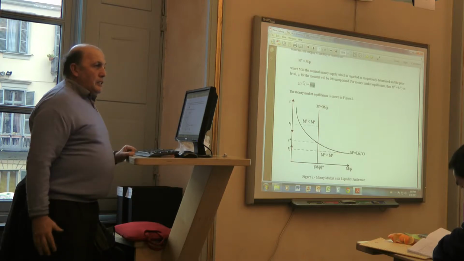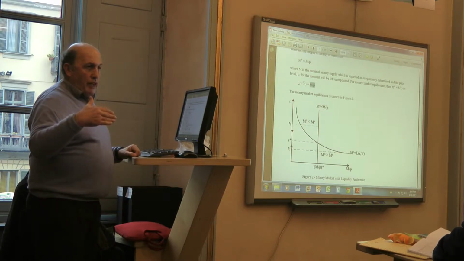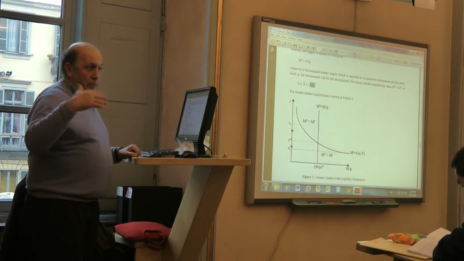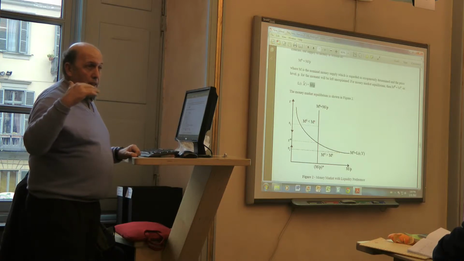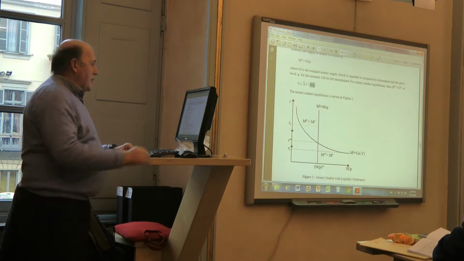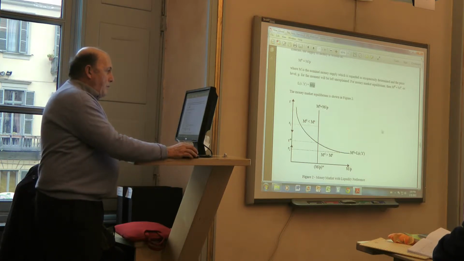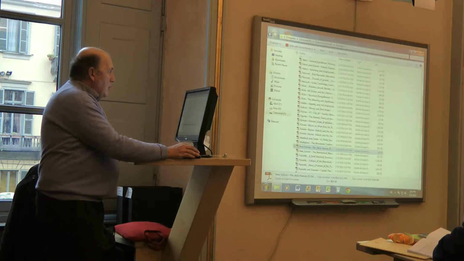The stable part is a function of income, and the variable part is really a function of the rate of interest. That's the case. Okay, once we have all that, I switch off.